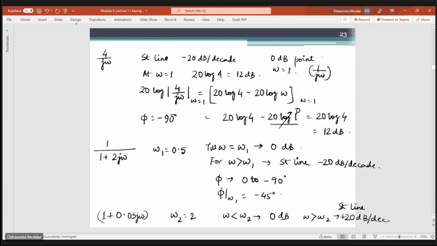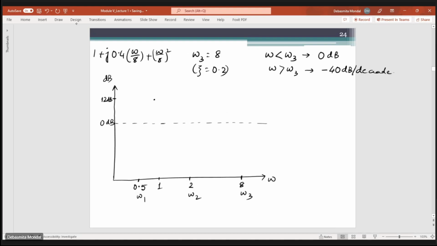So we'll have a straight line which passes through 12 dB at omega equals 1, and it will keep on continuing. This is a minus 20 dB per decade line. So this is asymptote number 1.